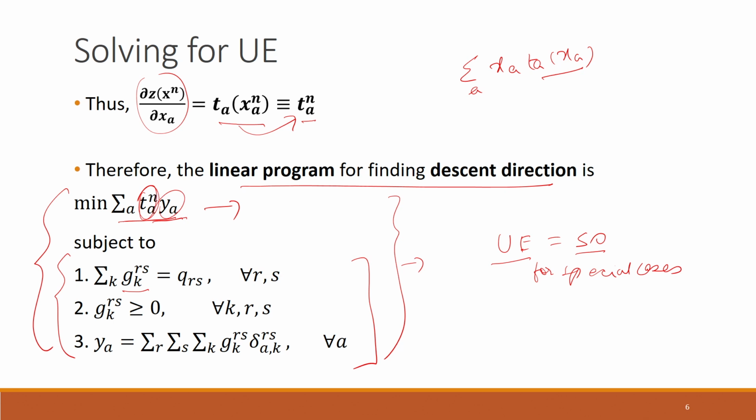Therefore the solution of this optimization formulation is to assign everyone traveling from origin R to destination S to the shortest path connecting R to S, okay. So this is actually the simple solution of this optimization formulation.